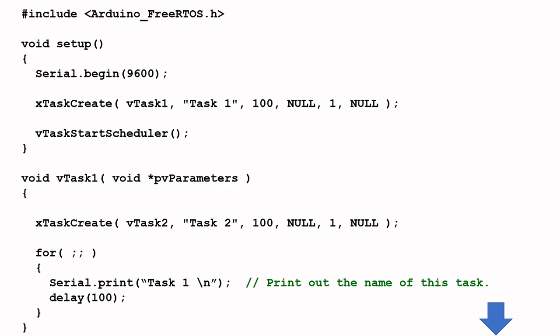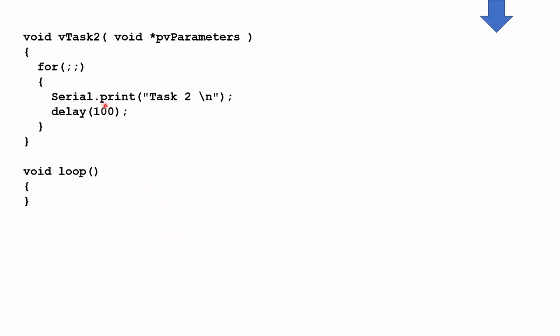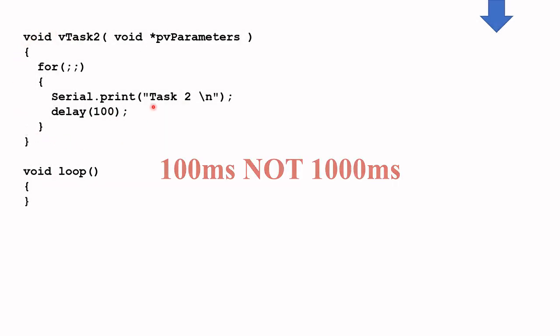All right, so let's look at task 2. Task 2 is pretty straightforward. It's a for loop with the Serial.print, the purpose being to print this message task 2 followed by a delay of 1000 milliseconds. So that is in itself task 2.